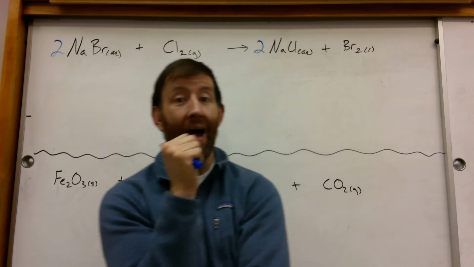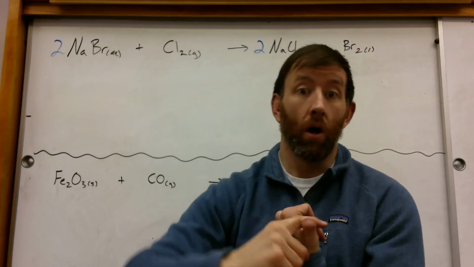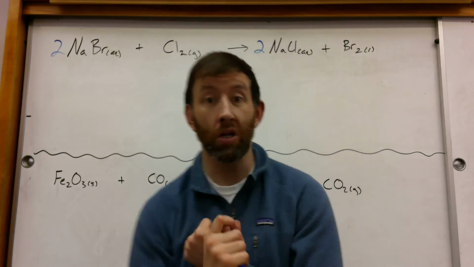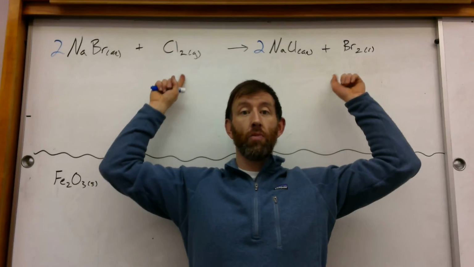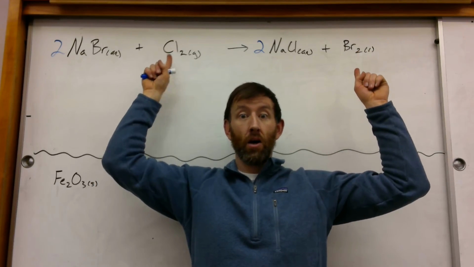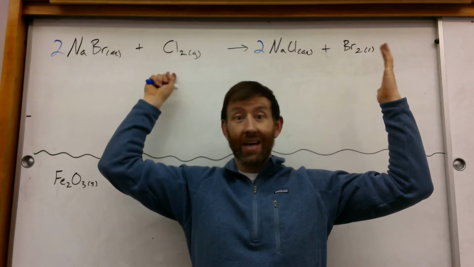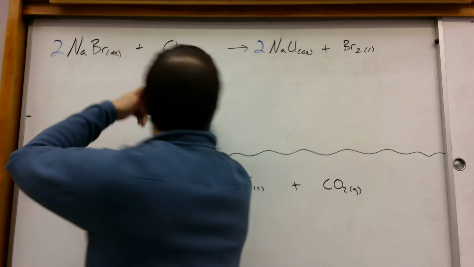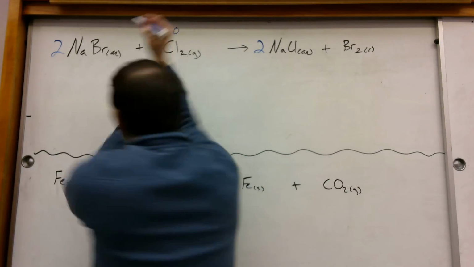I had a couple rules. First of all, if it's elemental, the oxidation number is 0. So we look up here first. Is there anything in its elemental form? Hint: chlorine is not attached to anything. It's not in an aqueous solution. That's just chlorine gas, so I'm going to write a little 0 above that.